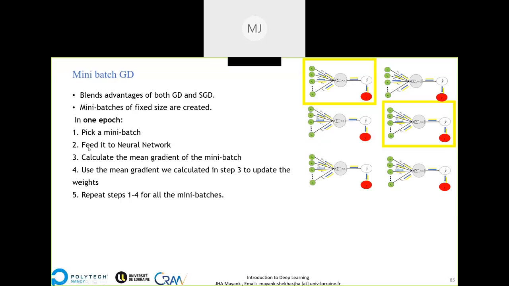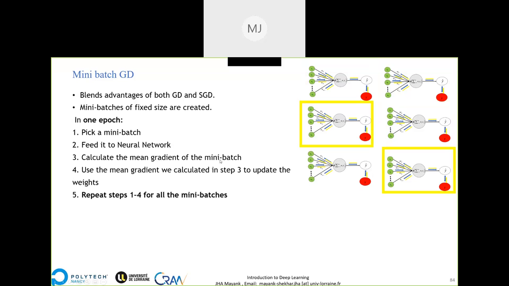And for each batch, you pick your mini batch and you feed it to the neural network. You calculate the mean gradient of the mini batch. So basically, the gradient with respect to this data and this data, because remember, it's with respect to the whole mini batch. Calculate the mean gradient that we talked about, and repeat the same steps 1 to 4 for all the mini batches.